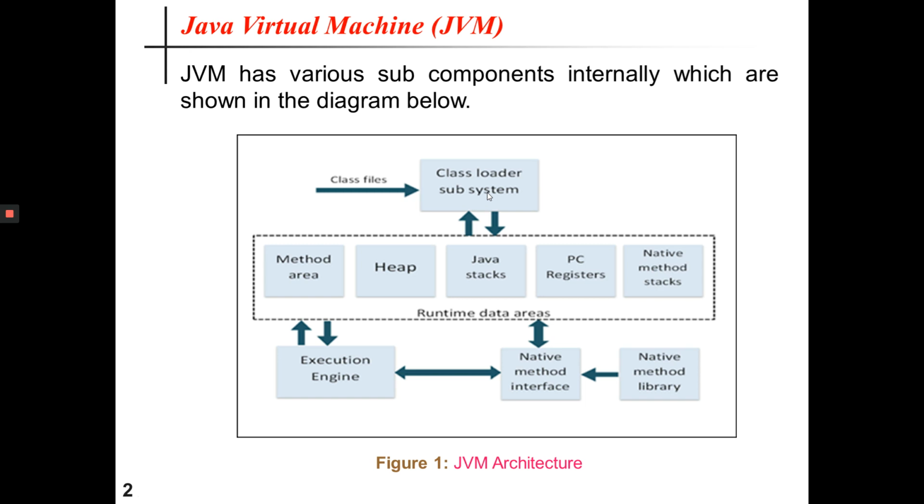First, it loads the .class files that have been created after compilation by using the javac compiler into memory. Then it verifies the bytecode instructions. Then it allots memory required for the program. So that is the first subcomponent, that is called the class loader subsystem.